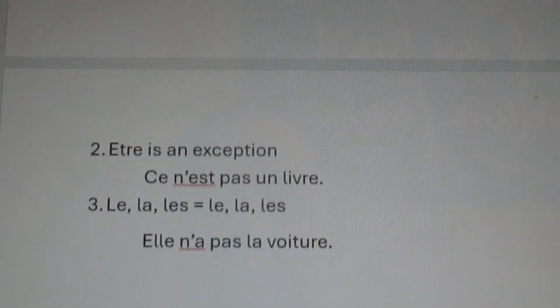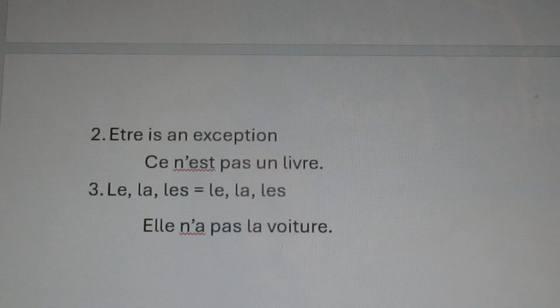Now we're going to move on, and we're going to see the second rule. The second rule is talking about when we use être as a verb in our sentence. Okay, être is going to be an exception. So if I have a phrase like ce n'est pas un livre, right? I have my est there, and that is a form of être. And because of that, that un livre, right?